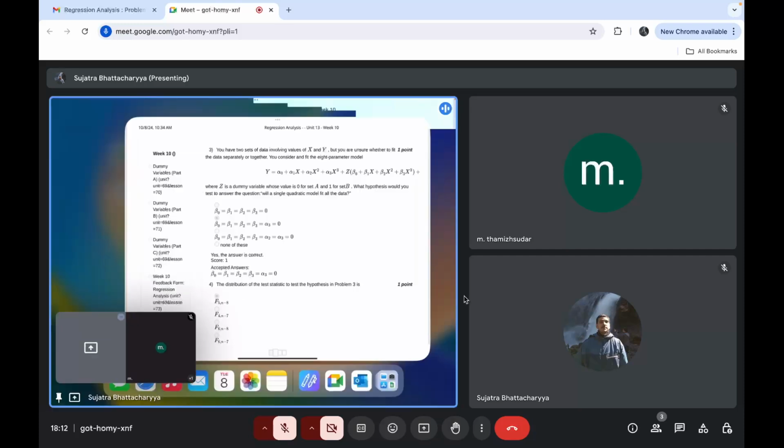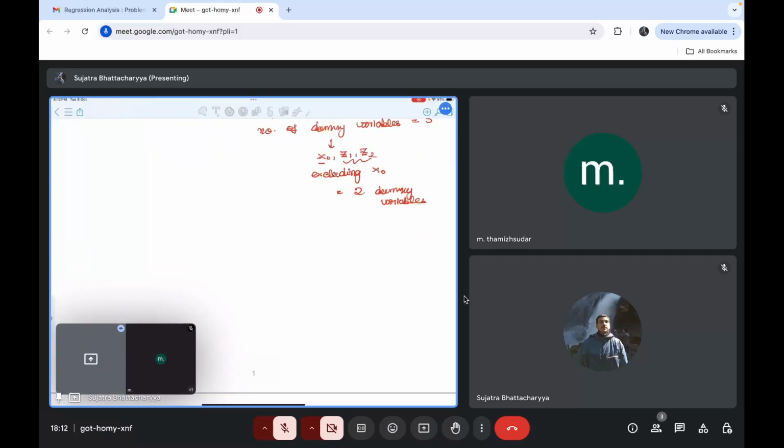Now, if you have the total data, say an 8 parameter model like this: alpha naught plus alpha 1x plus alpha 2x square plus alpha 3x cube, which is given in the question, and z, the dummy variable, times beta naught plus beta 1x plus beta 2x square plus beta 3x cube.